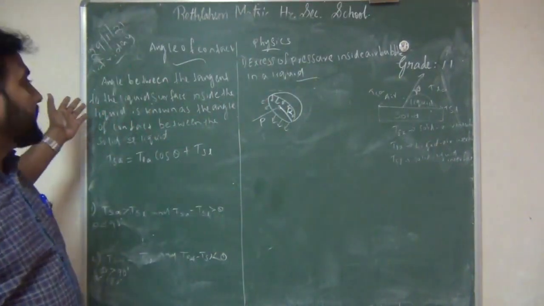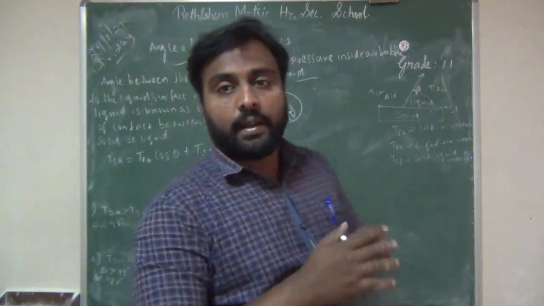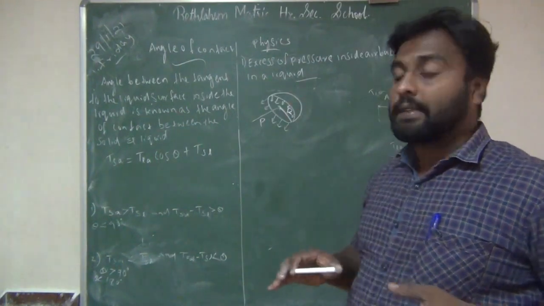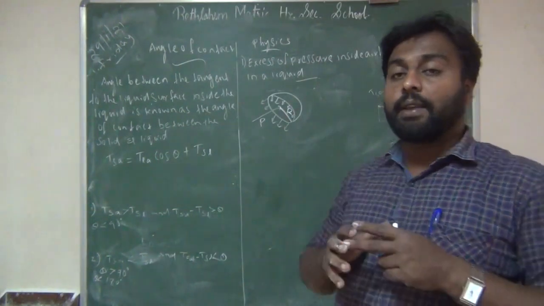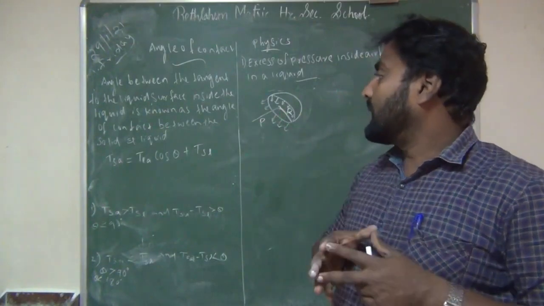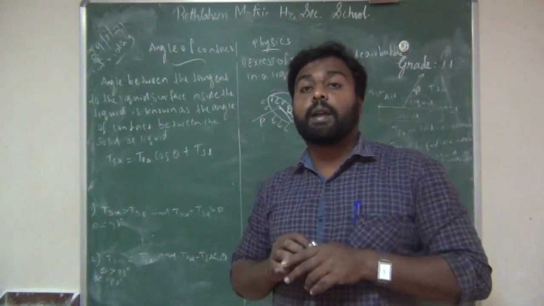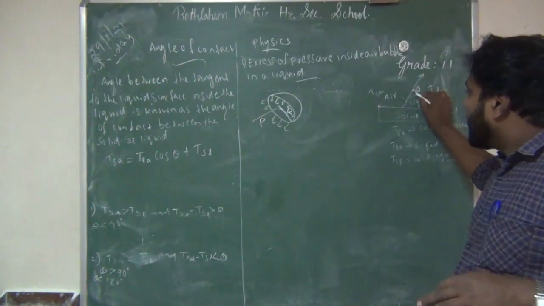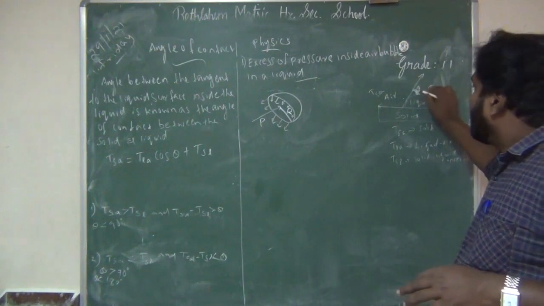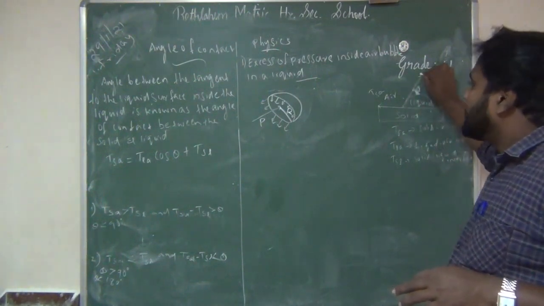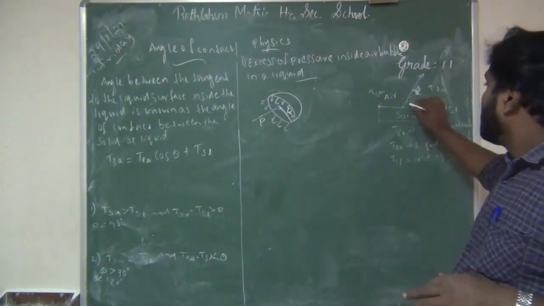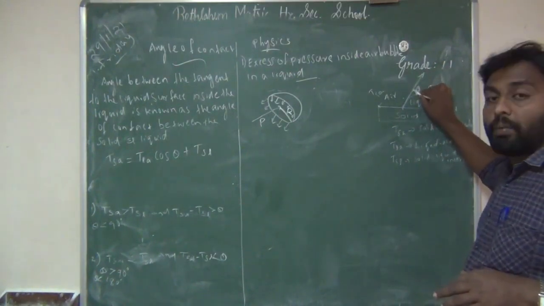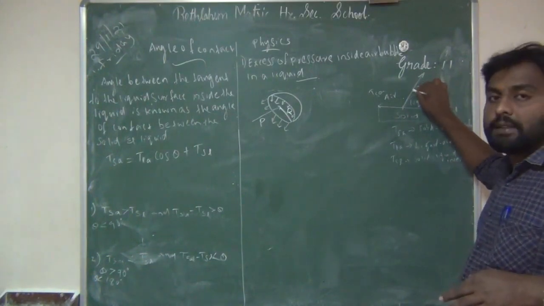So you can see the definition here. The angle between the tangent to the liquid surface, inside the liquid, is known as the angle of contact between the solid and the liquid. There is an angle inside this liquid, and this is a line tangent to this liquid. So there is an angle forming between this liquid and this tangent line.